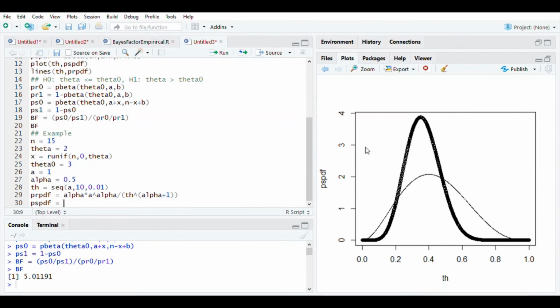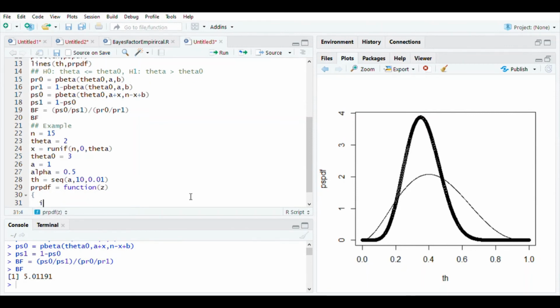What I am trying to do is get a graph similar to this. I want to plot prior and posterior in the same graph, but for that the values on the x-axis should be the same. Here the support for prior and posterior distributions is different. So we can write prior PDF and posterior PDF both as functions of, let us say, some parameter z. Now if z is less than A, return 0.